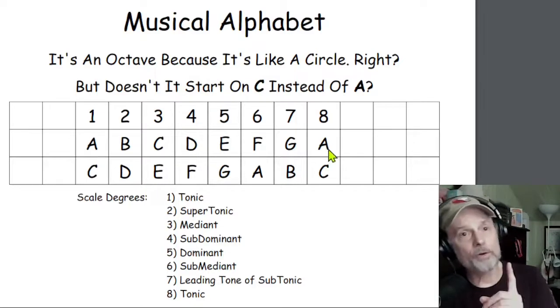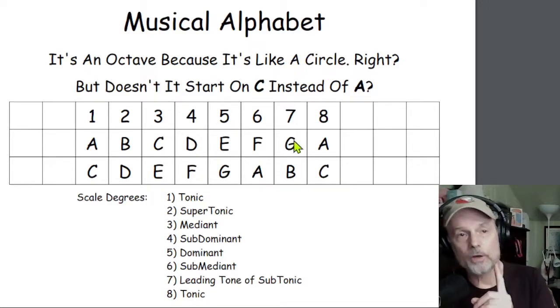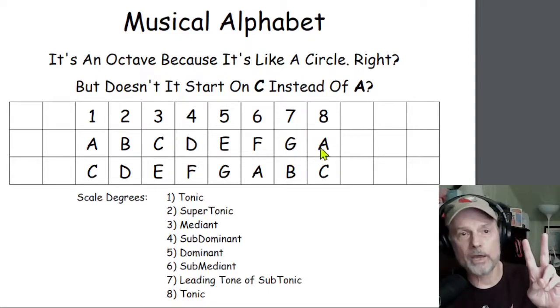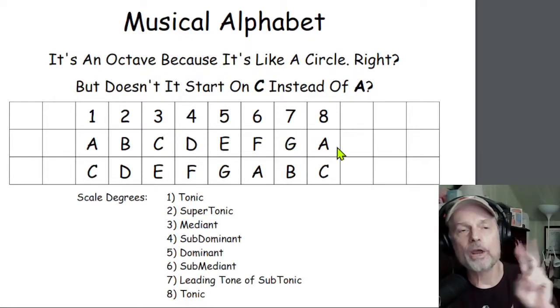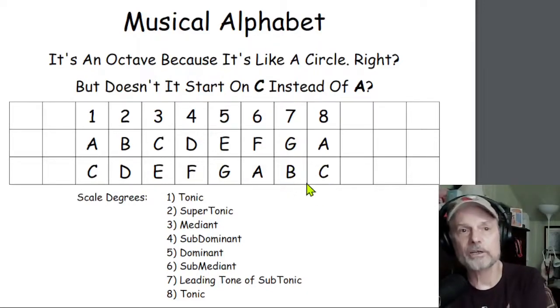Now, you might have noticed that I moved my mouse up to the A scale because this is a minor scale, and therefore the G is 2 half steps below the A and is therefore a subtonic. The B is only a 1/2 step from the C, and therefore it is not a subtonic, it's a leading tone.